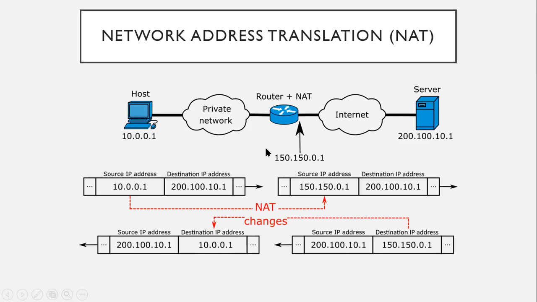But when it reaches the main router with the NAT enabled, the router will change the source IP address to its one external IP address, and the data packet will proceed to the internet using that source IP address. When the YouTube server receives that request packet, it will acknowledge.